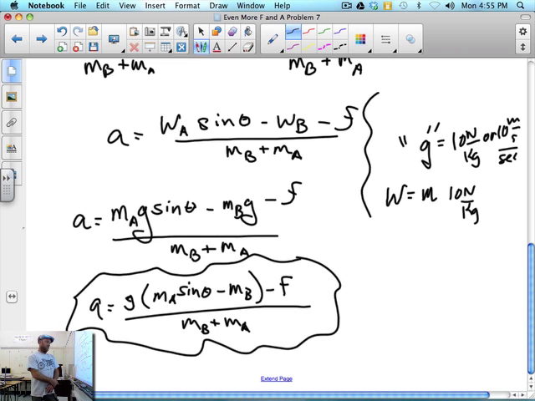I'm pretty sure that's cool, because if the ramp were a 90-degree angle, sine theta would be 1. Let's say the masses were the same, right? And we had a 90-degree angle.